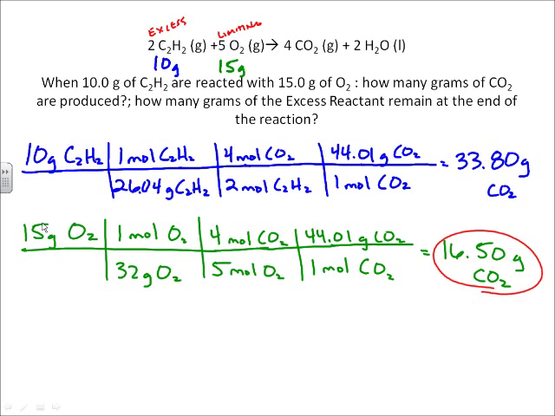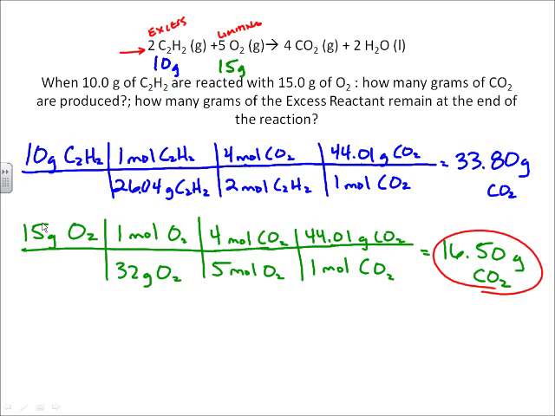So the next part of the problem asks how much of your excess reagent remains at the end of the reaction. So we're trying to find out, we know our excess reagent is going to be the C2H2. So the question is how much of that remains? Well, the way that I'm going to answer that question is we can calculate how much of the C2H2 we used to produce 16.5 grams of carbon dioxide. And there's two ways that you could do this.